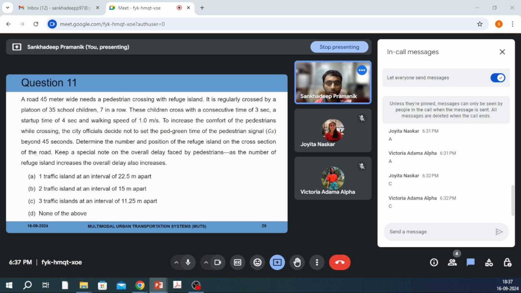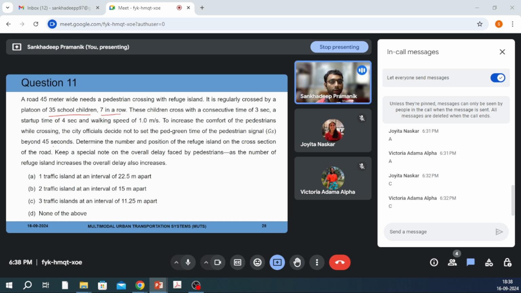Next is, a road 45-meter wide needs a pedestrian crossing with refugee island. It is regularly crossed by a platoon of 35 school children, 7 in a row. These children cross with a consecutive time of 3 seconds, a startup time of 4 seconds, and walking speed of 1 meter per second. To increase the comfort of the pedestrians while crossing, the city officials decided not to set the pedestrian green time of the pedestrian signal beyond 45 seconds.